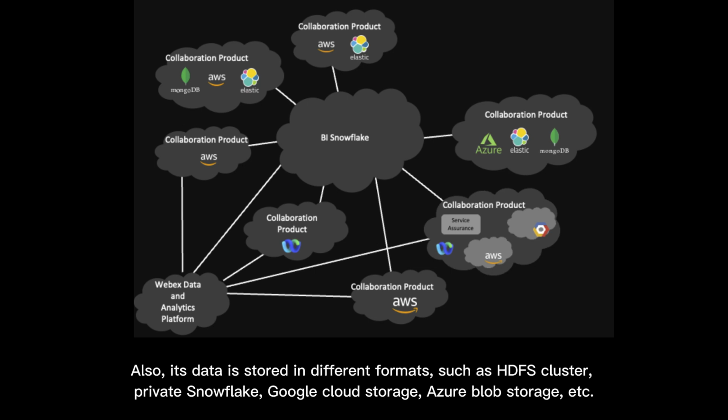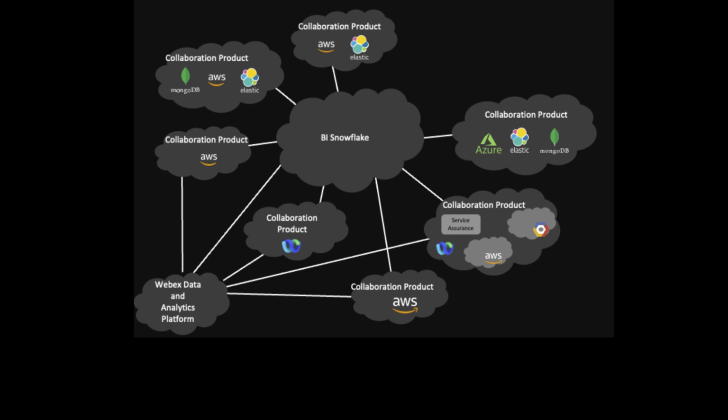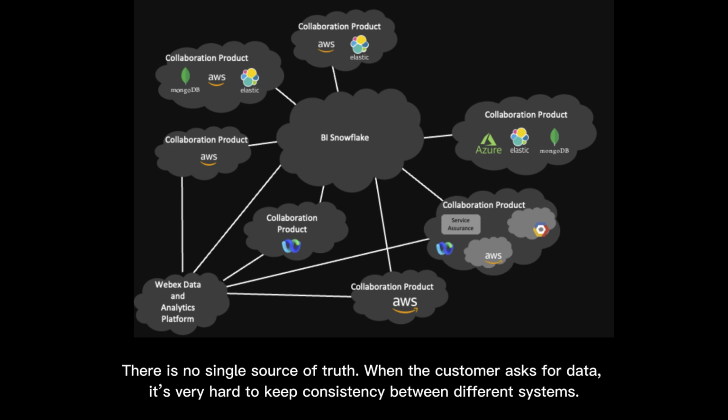Also, its data is stored in different formats, such as HDFS cluster, private Snowflake, Google Cloud Storage, Azure Blob Storage, etc. As for the infrastructure, we have Amazon Web Services, Azure, Google Cloud, and self-maintained data centers, and also for the data center with the same business context. There is no single source of truth. When the customer asks for data, it's very hard to keep consistency between different systems.